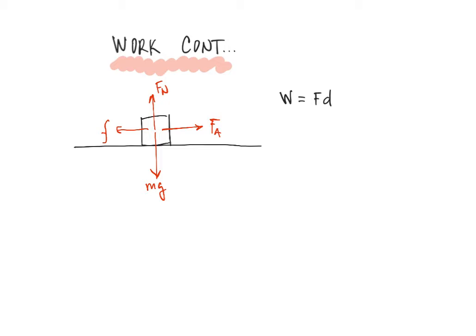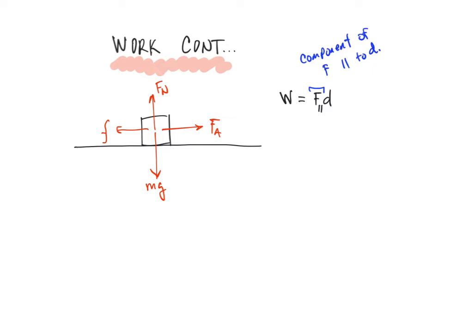First of all, the force only does work if there's a component of the force that is parallel to D. So I might put a little subscript parallel, those two parallel lines just mean parallel. What I mean here is that this is the component of the force parallel to D, to the distance moved.